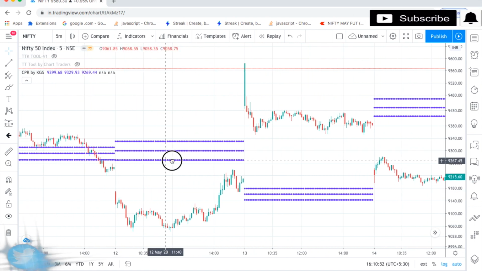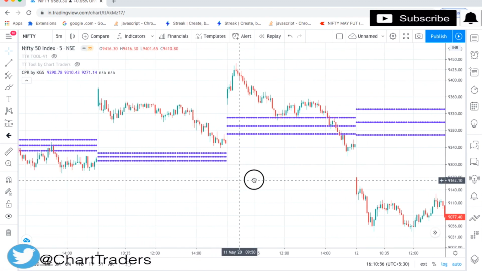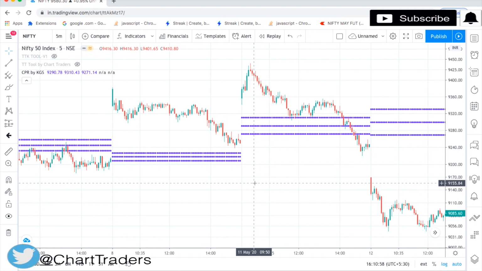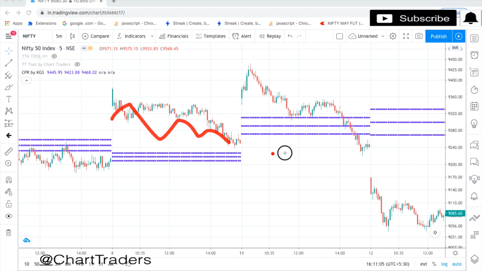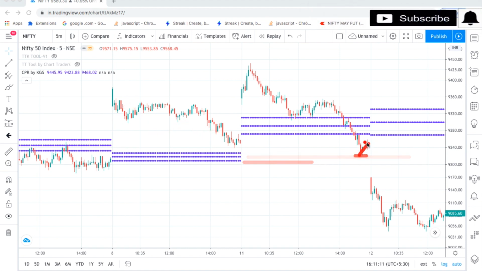One more example: price is above the CPR line, and on the next day we extend this CPR line. When the price comes here, you buy for a small profit, which helps for scalping. Scalping means you buy for a small profit, that is 30 to 40 points in Nifty.